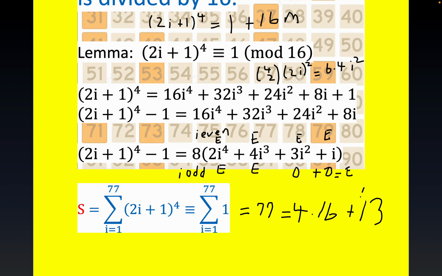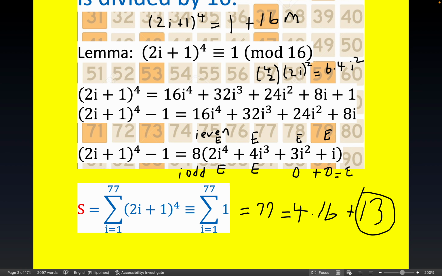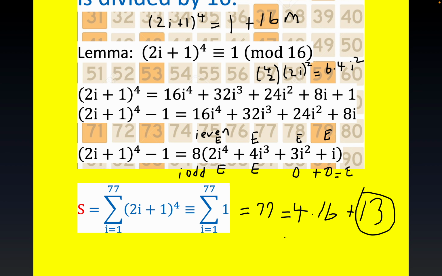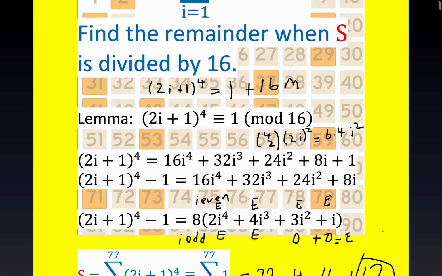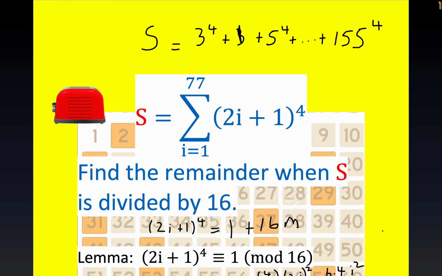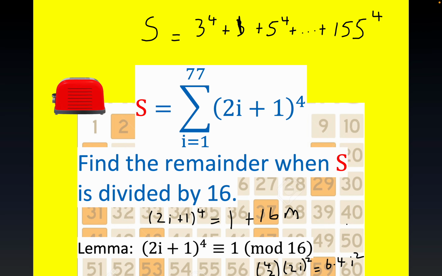So that's going to be our answer, folks. 77 is equal to 4 times 16, and you can just think of 16 as being 0 mod 16, or you can just look at it like this explicitly. So the answer is 13 is what I got, folks. So that remainder would be 3.